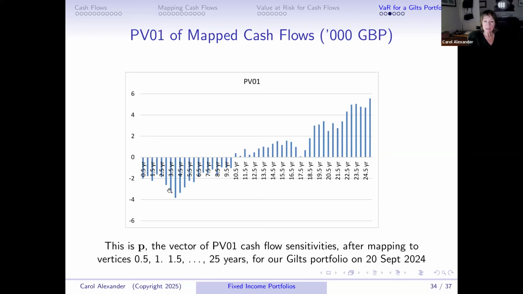We'd lose nearly $4,000, sorry, not dollars, GBP now because it's gilts, okay. Nearly £4,000 sterling for the mapped cash flow at 4 years, but we would make a profit of nearly £6,000 sterling on the 25-year mapped cash flows.